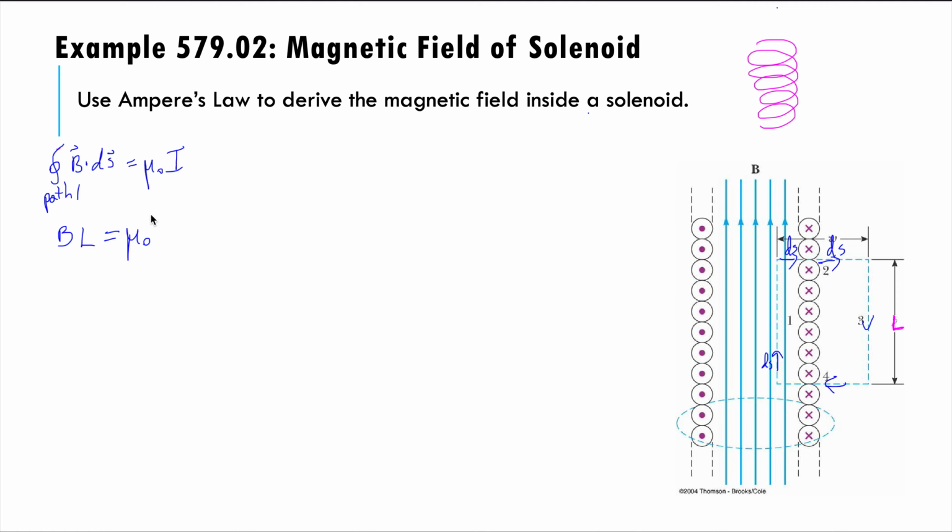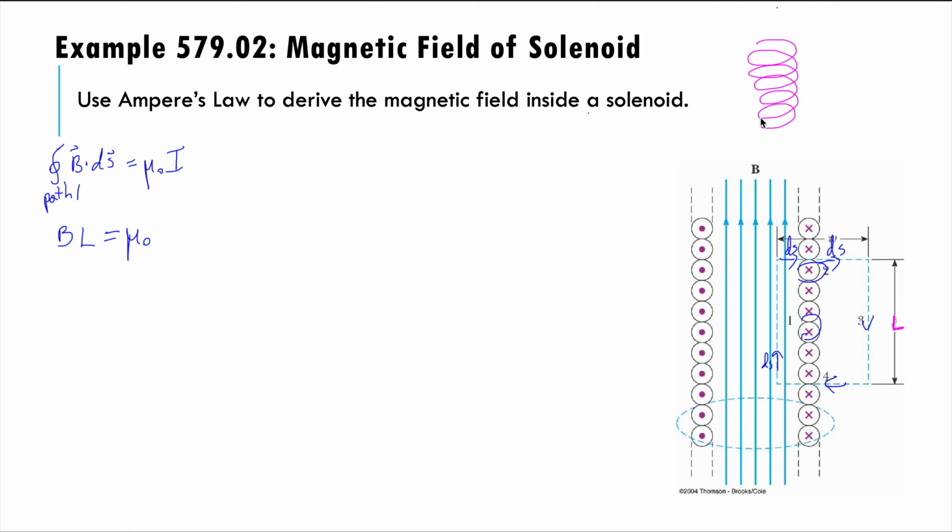And then we need the current that is penetrating our surface, and right here all of this current is penetrating the surface. We can make a surface like this with this Amperean loop.